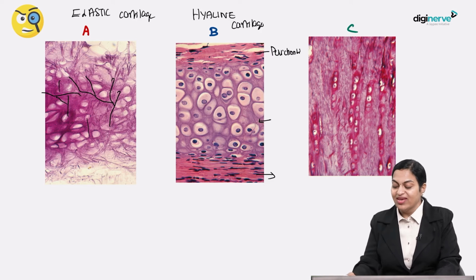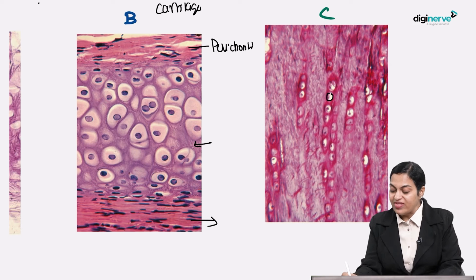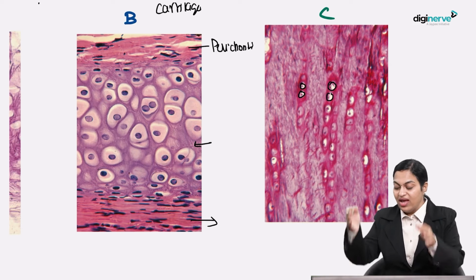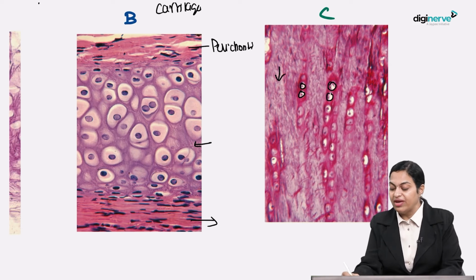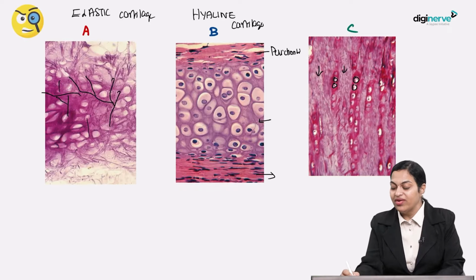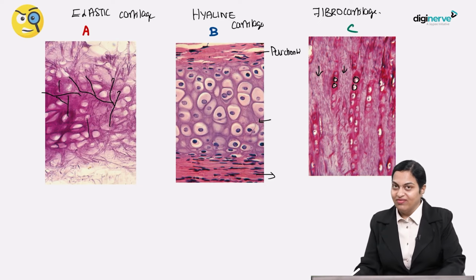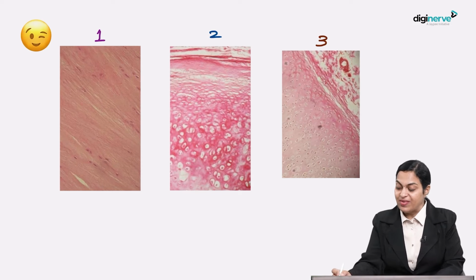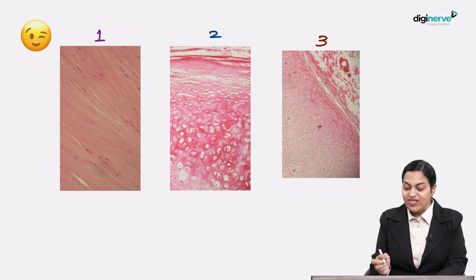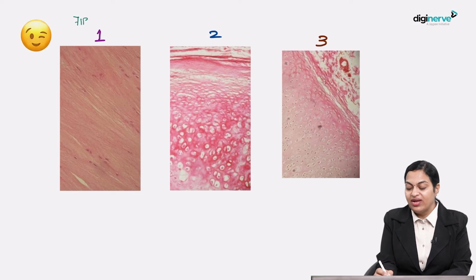And what is C here? You can see chondrocytes in lacunae, right? And the bundles of collagen fibers. And no perichondrium. Fibrocartilage, right? One more. Yes. One is fibrocartilage.